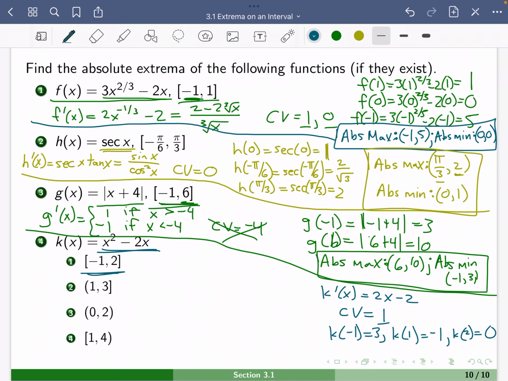And so for this first one, on that interval, we plugged in the -1 and the 2.